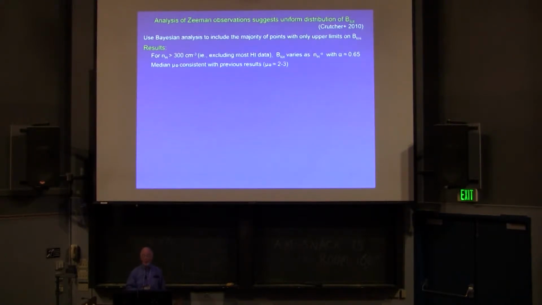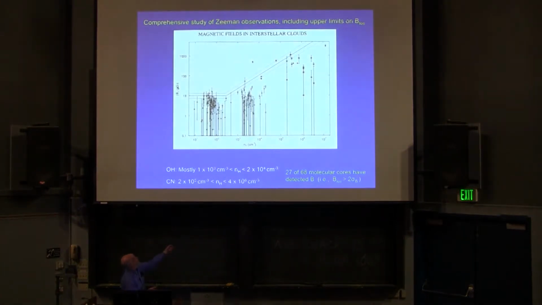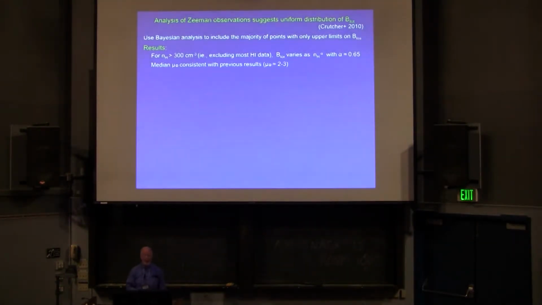And the results that they found, if you focus on just the cases up here, the OH points and the CN points, is that the total magnetic field, which they inferred, scales with the density as about the 0.65 power, basically about the 2/3 power. Remember, they cannot measure that. They measure the line of sight field, and then they do an analysis in which they assume that the field is randomly oriented, and then they infer a total value of the magnetic field.